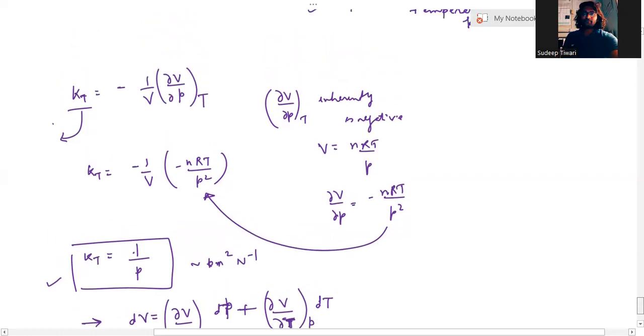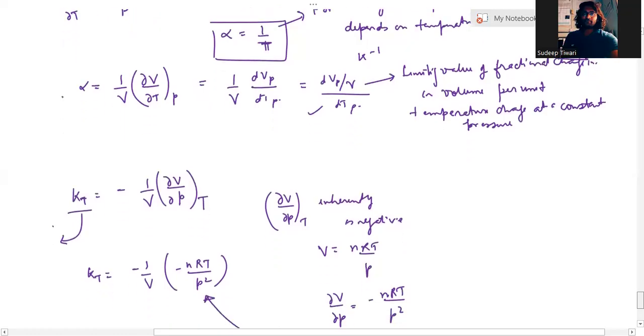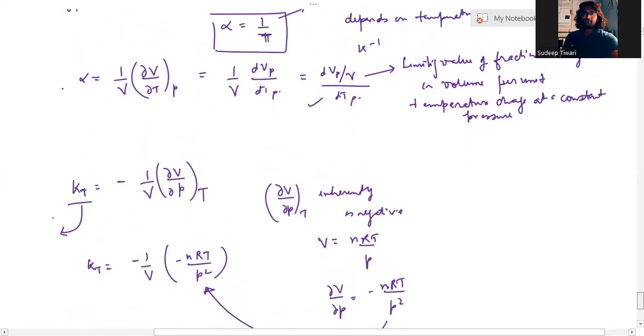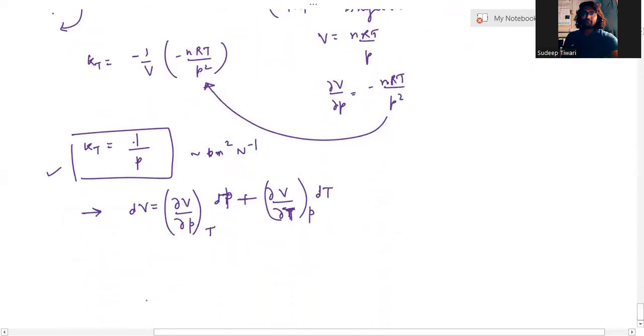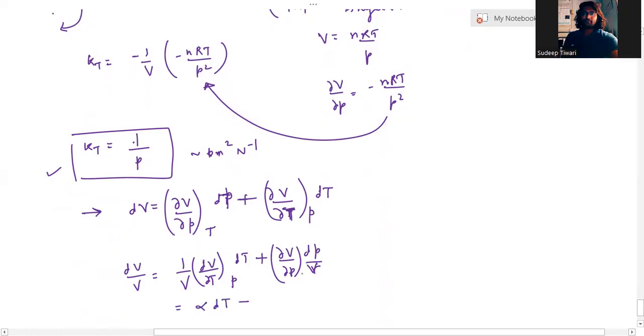Remember, del V upon del T at a constant pressure is alpha. If I divide by V, I get 1 upon V del V upon del T dT plus 1 upon V del V upon del P dP. So this equals alpha dT minus isothermal compressibility kappa T dP. This is how you can write the fractional change in volume, expressed in terms of expansivity and isothermal compressibility.